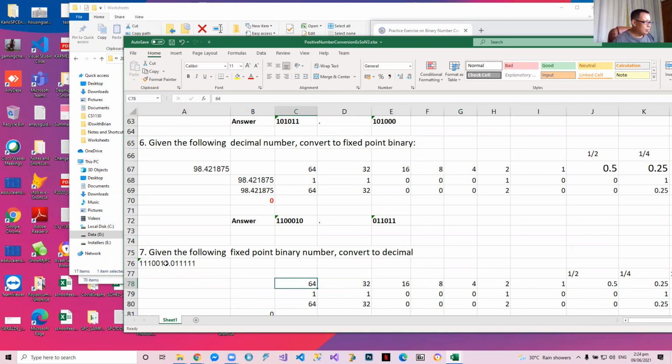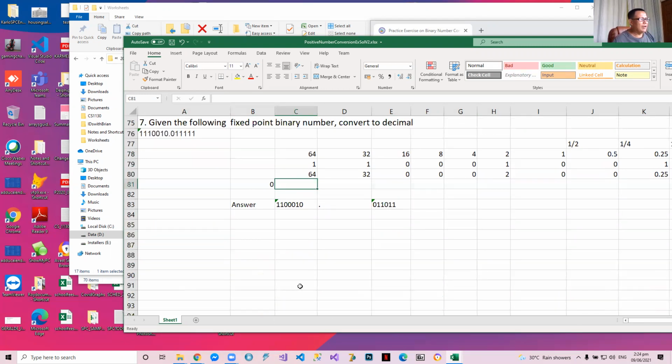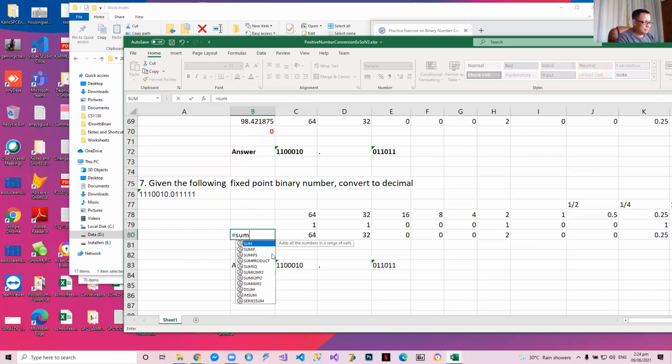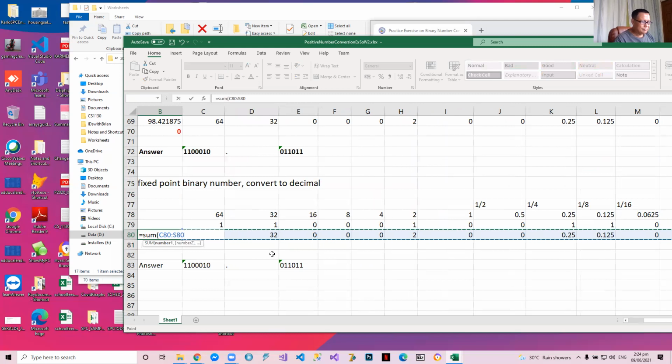So, is this right? 1, 2, 3, 4, 5, 6, 7. Okay? Do you follow? What we need now is this sum, no? Let's sum this. Okay? That will be the correct answer already.